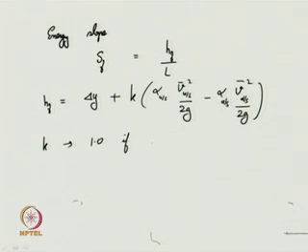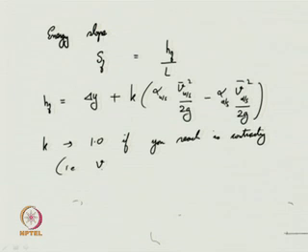if your channel reach is contracting. If your channel reach is contracting, that means V upstream is less than V downstream. In that case, you can give k equal to 1.